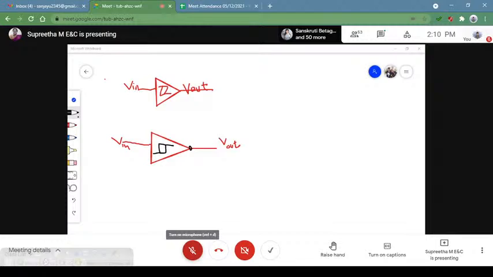So we'll see the design part of your inverting Schmitt trigger. I hope you all have understood the working of the Schmitt trigger circuit and how the transfer characteristics produce a hysteresis curve. Is it not?